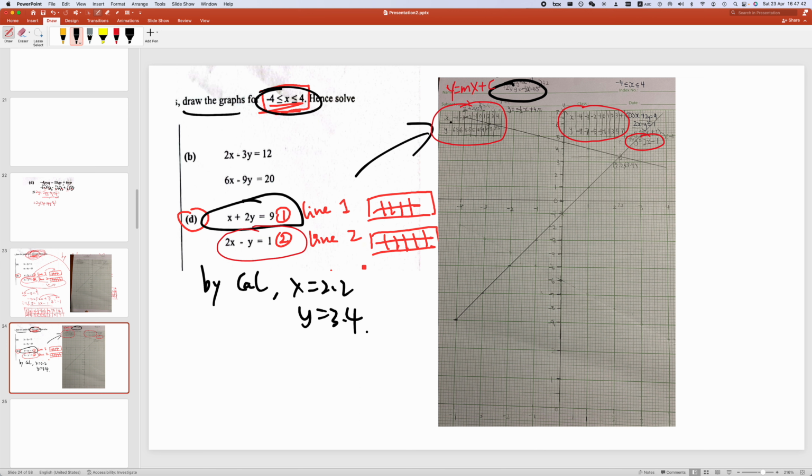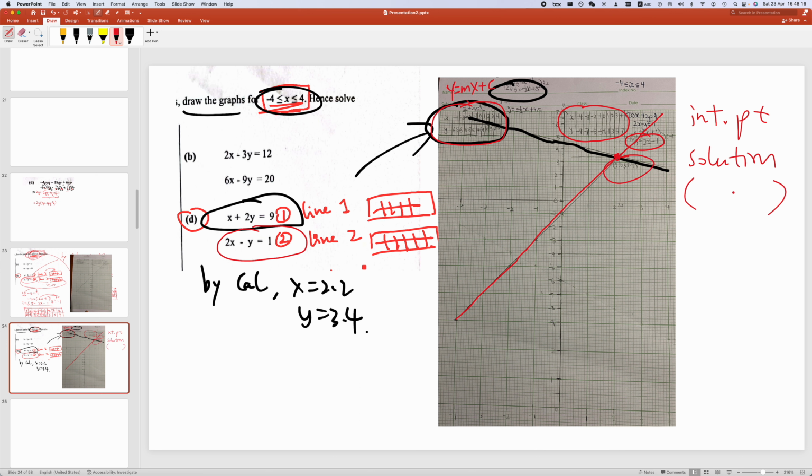Okay, so let me just use the black color for this. So this is this line. The red line is this, the red table. Once you draw these two lines, then you get the intersection point. By the way, intersection point is called the solution, right? You need to write in the solution format.